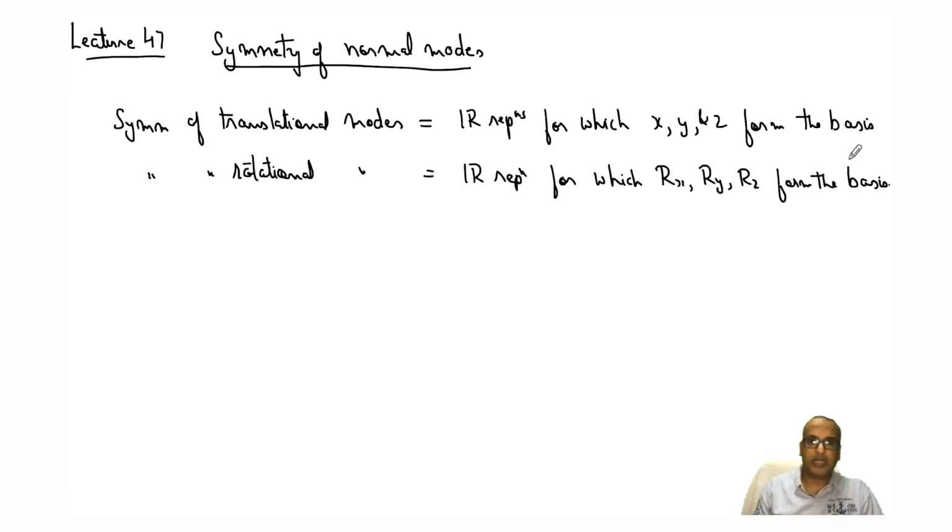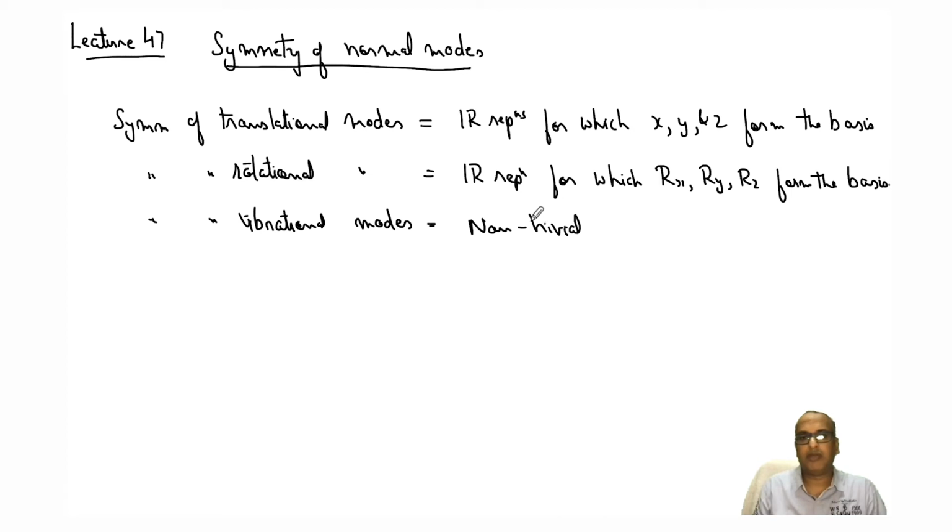So that is easy to see. Now how to find out the symmetry of vibrational modes? This is non-trivial. It is not as trivial as it is for the others, so let us see how to do this.